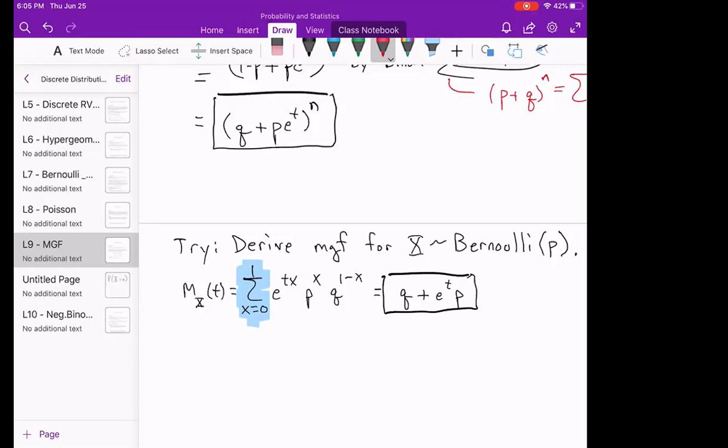To give you a little bit more practice before we go to the next topic, because we're fine on time, use the Bernoulli MGF that we now have in order to find the mean and variance for this distribution.